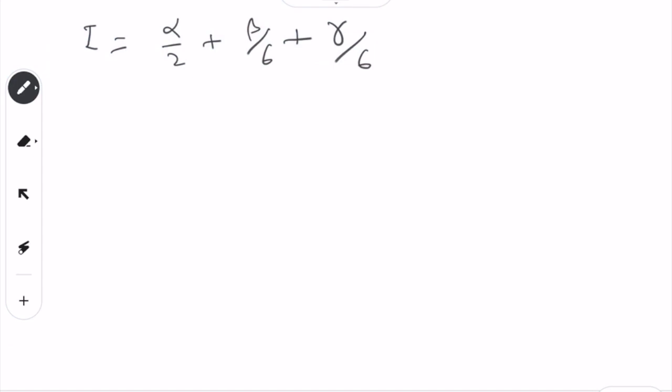Now, we know that we are going to apply the Gauss quadrature formula, and let us decide NGP equal to 1. Okay.